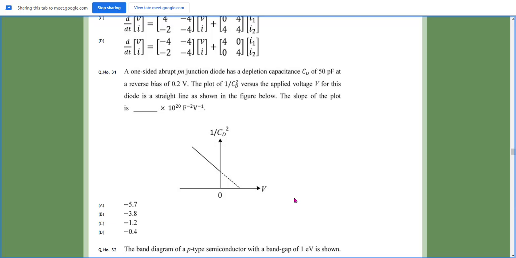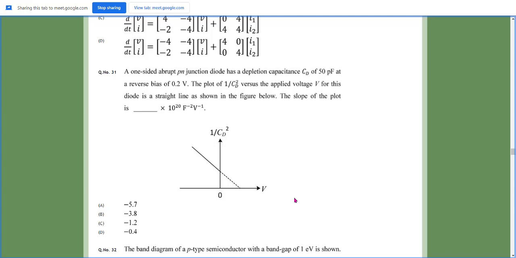The depletion capacitance is dependent on a square root of something. That is why they have given CD square value with respect to V. Then you have to give the slope. So with the applied voltage, whatever is CD square from the formula you find out, and then you will be able to give that value.